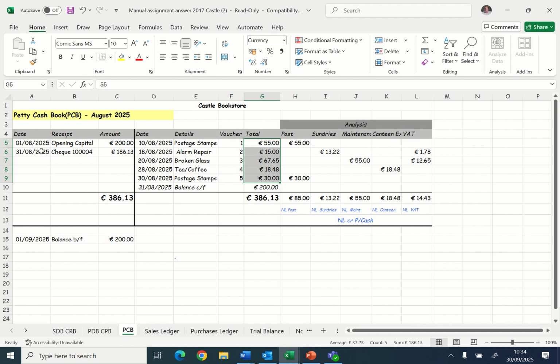Whatever way we do it, we're going to make sure that there's €200 back in the little petty cash box at the end of the month. So €186.13 goes in. We've spent 186.13. So our balance that we're carrying forward to the start of the next month is €200.